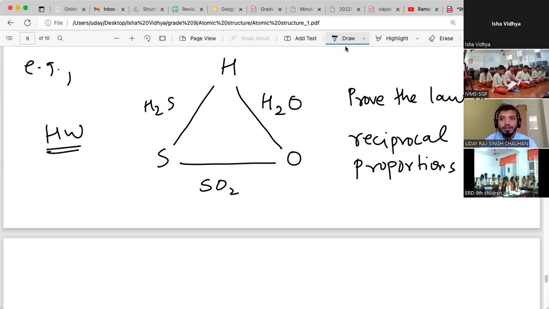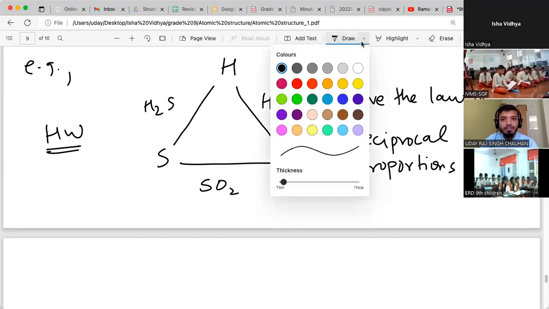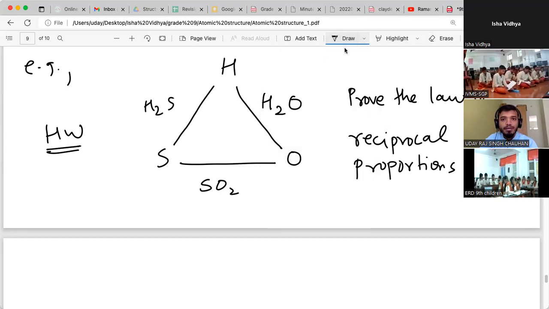Just to give you a hint, these 2 are the elements which are combining with a third element, hydrogen. You have to fix one element, find the ratio of the other elements, also find the ratio when they combine with each other, and then compare those ratios. So try this out. We'll see in the next class.